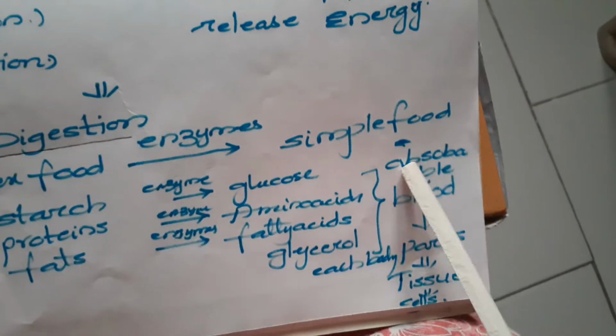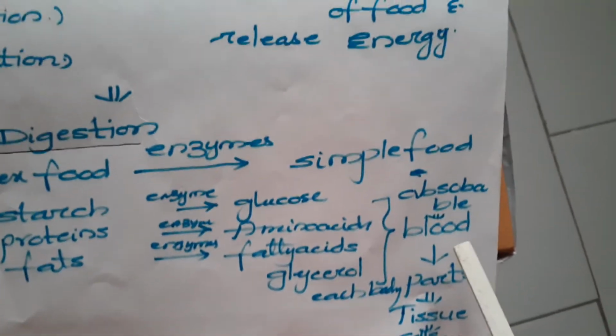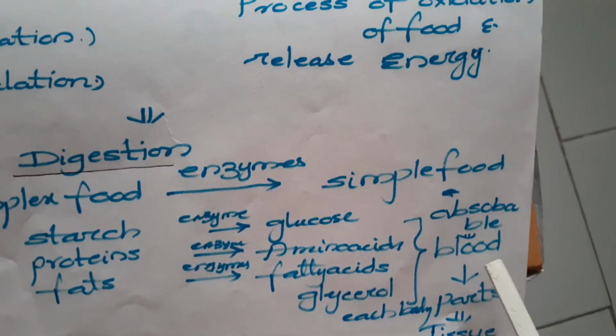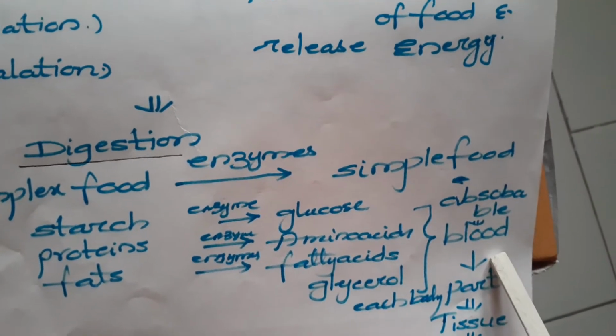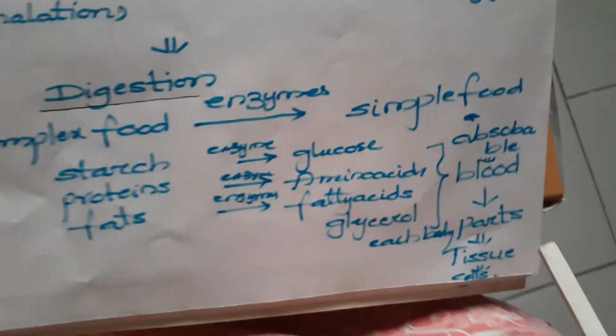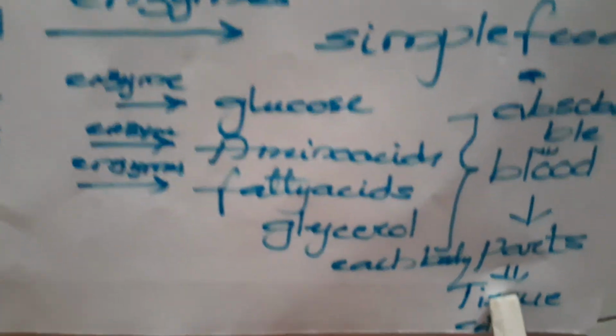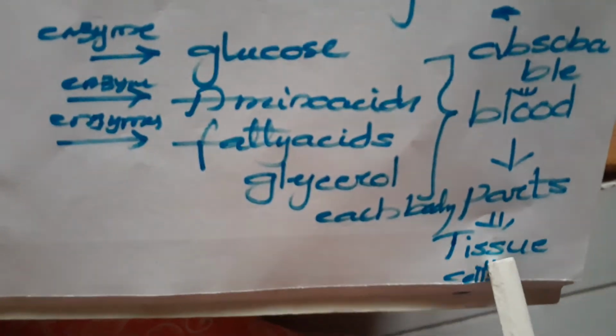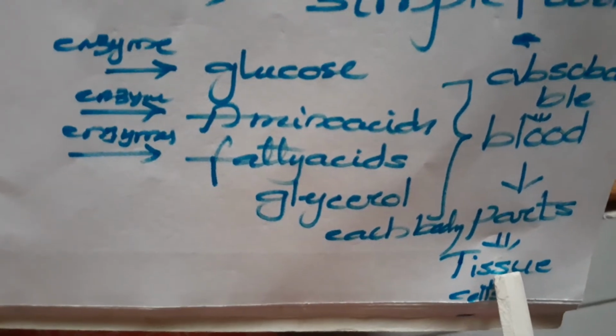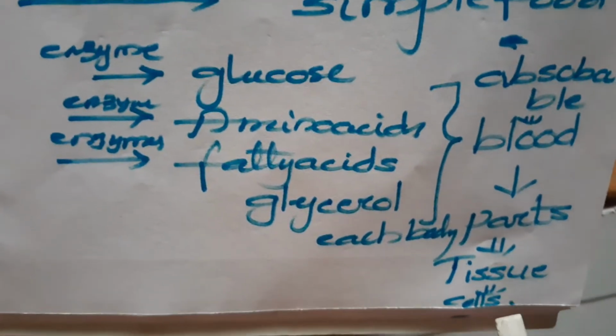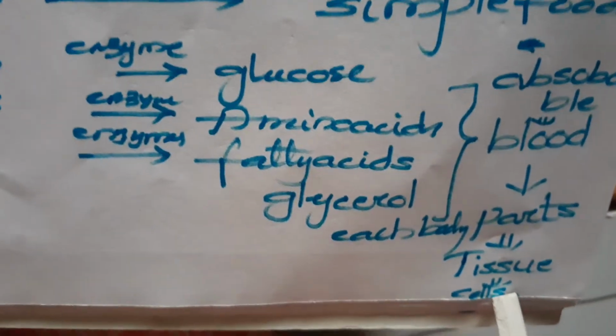So this absorbable form of food material enters into the blood. From the blood, it is carried to all body parts. All body parts are nothing but a combination of tissues, and each tissue is nothing but a complex of cells.